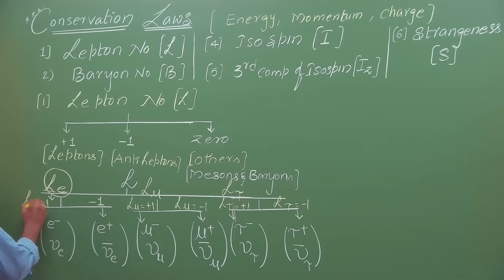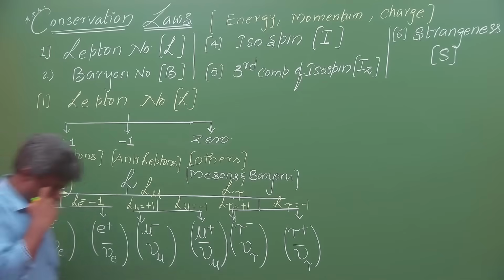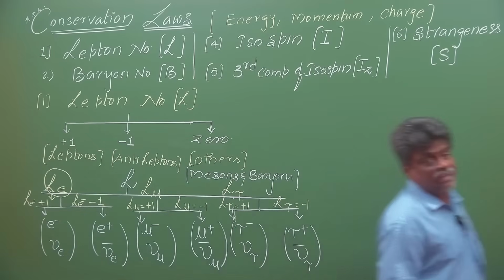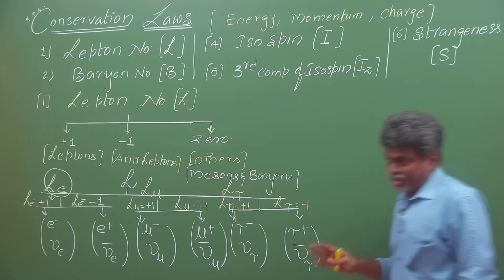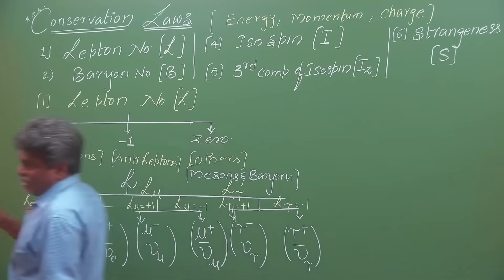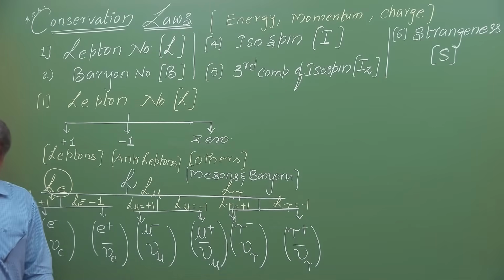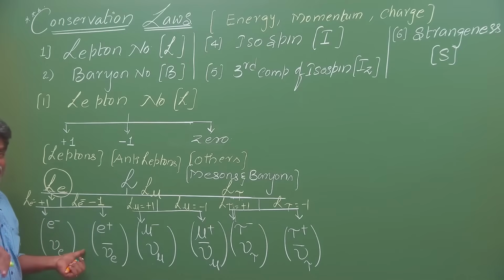While you are checking leptons, one more time I am requesting you, don't follow some books or materials that are given like this. Please throw away those things. You have to check separately for electron family, mu family, tau family. If one family member is there in the reaction, definitely the same family or antiparticle family must be there.